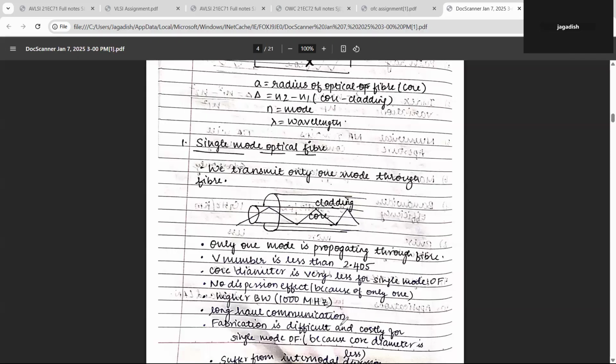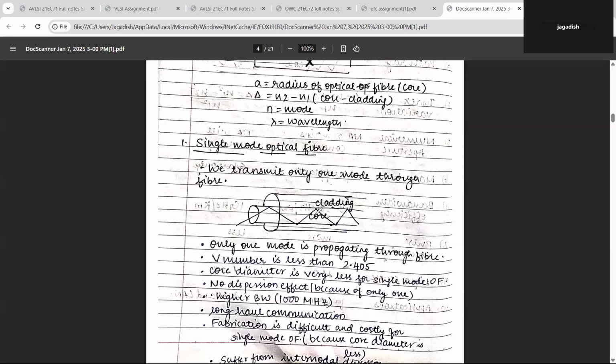Okay. Fabrication is difficult. Fabrication is difficult and costly for the single mode optical fiber because the core diameter is less. Fabrication means you will use some techniques and manufacture it.